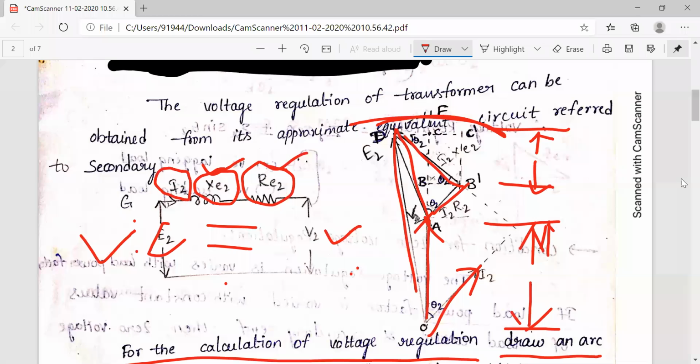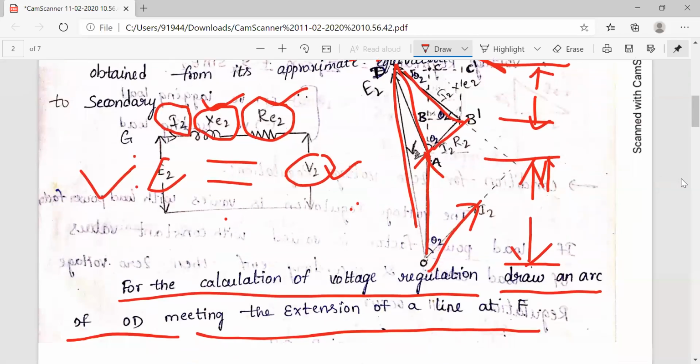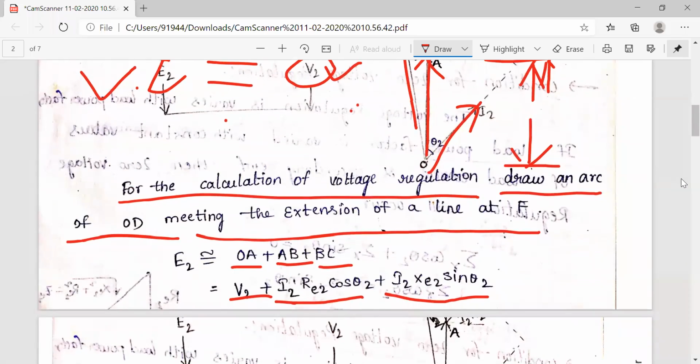Because of that voltage drop, the terminal voltage of the transformer changes. In some cases it increases, in some cases it decreases, depending upon the power factor of the load. So V2 changes, and the change is called voltage regulation of the transformer.